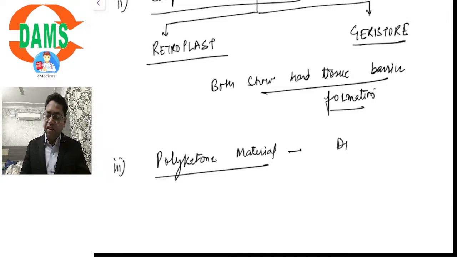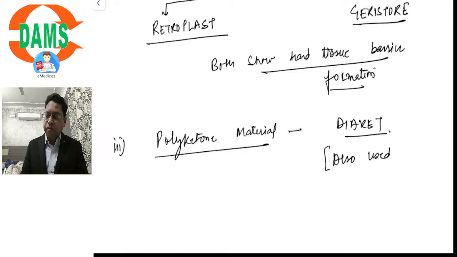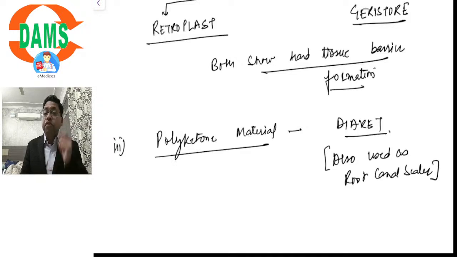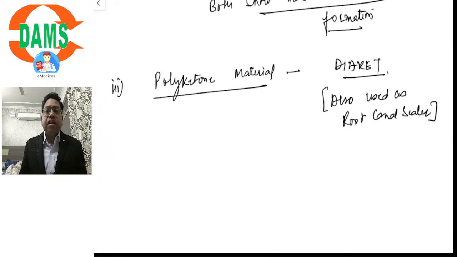Polyketone material is Diket. Diket is also used as a root canal sealer. So it has got dual functions. It is a polyketone material, Diket. Important and easy to remember. The word KET is coming, so it is a polyketone material.